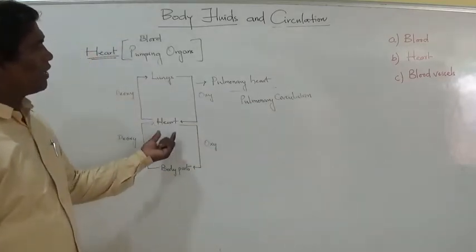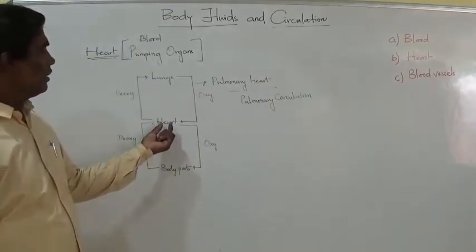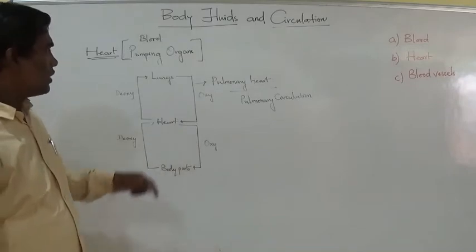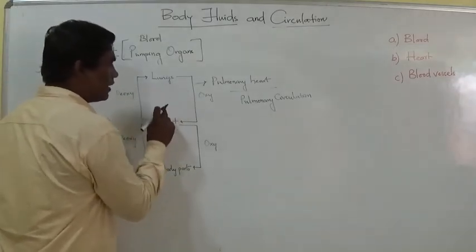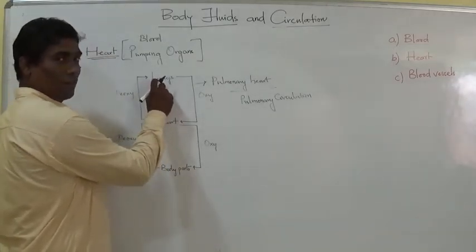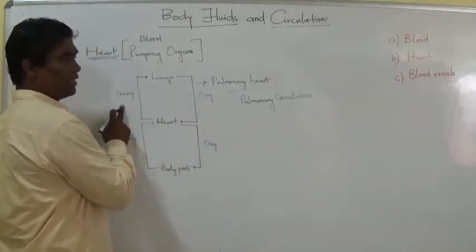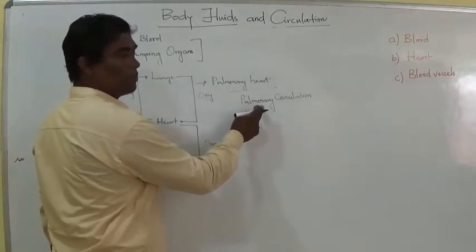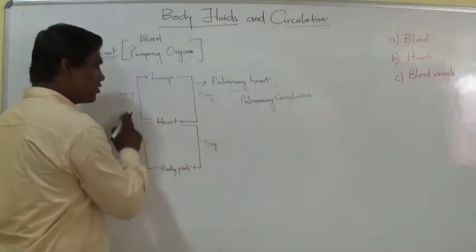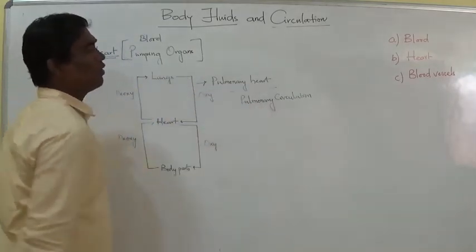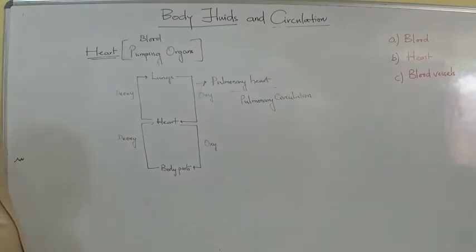What do you mean by pulmonary heart with pulmonary circulation? The circulation that is taking place between the heart and the lungs for oxygenation of deoxygenated blood is usually called pulmonary circulation, and such a combination is usually called pulmonary heart.